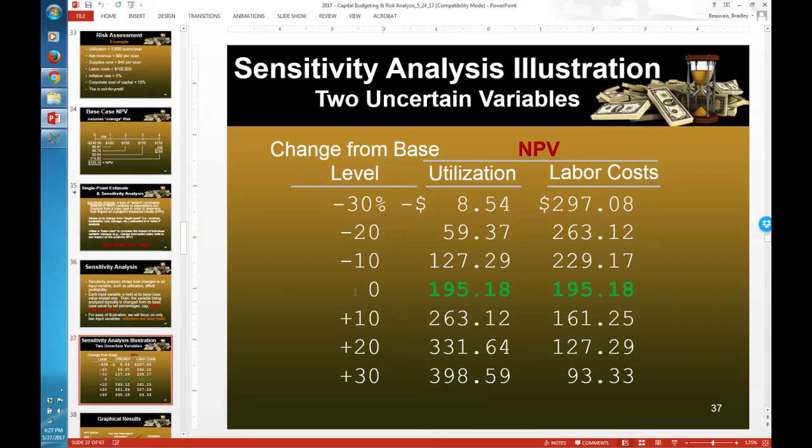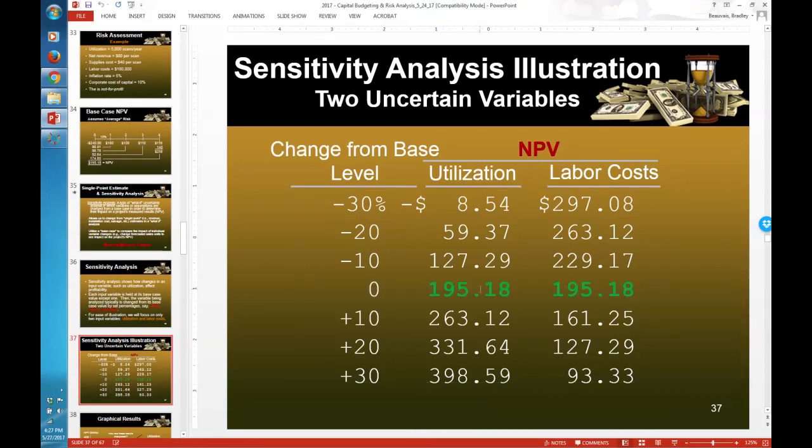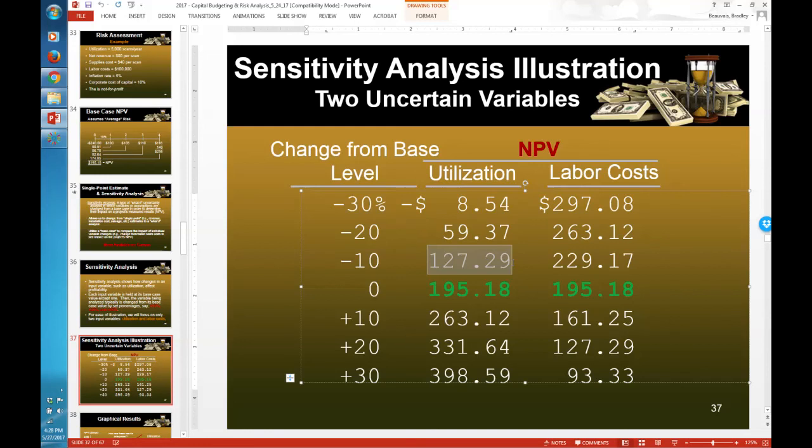So I'll take my starting base, that was our original net present value. Now I'll hold everything on the right hand side constant, and I'll reduce my volume number by 10%, and record the new net present value. Then, again holding everything else constant, I reduce my volume by 20% and record my new net present value.